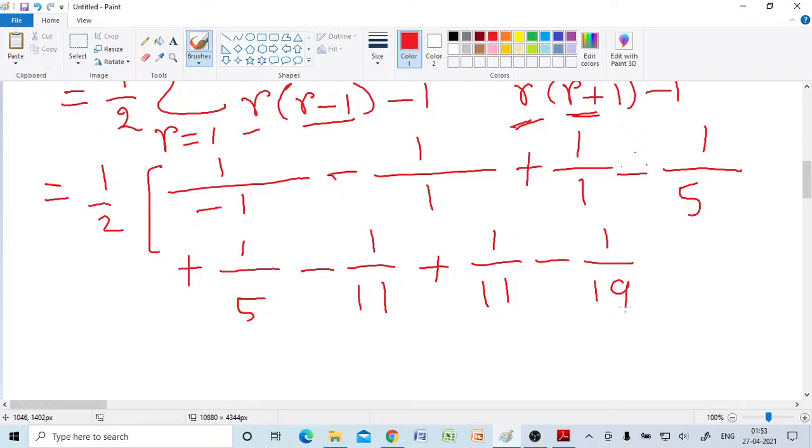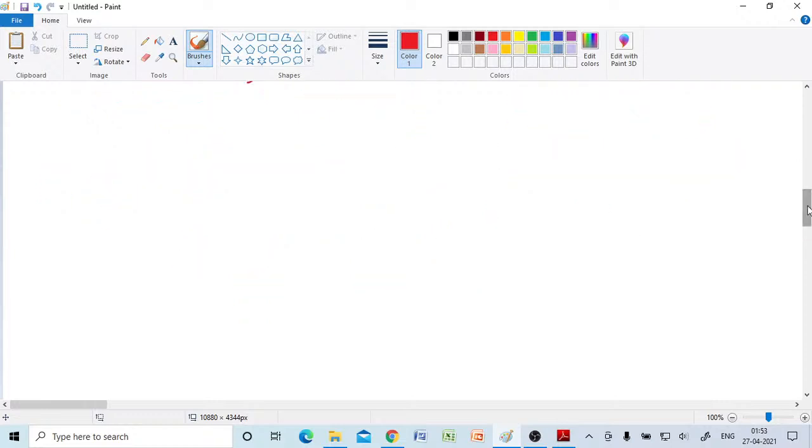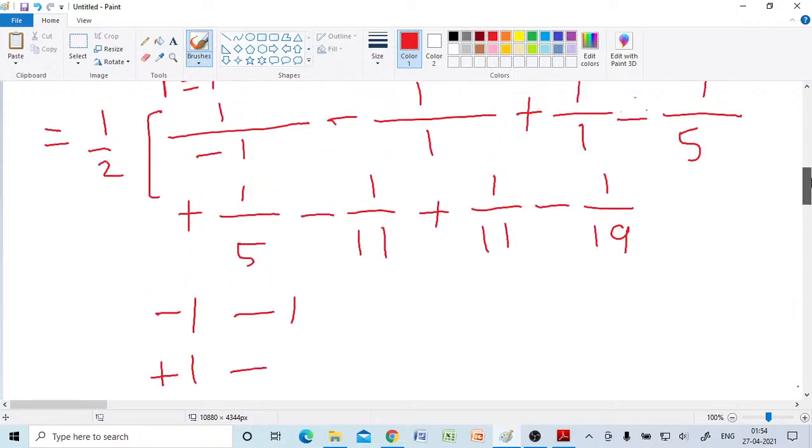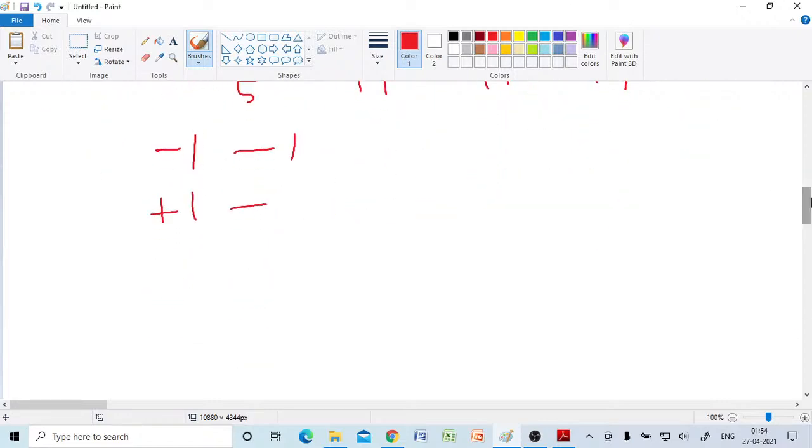So it's pretty easy to understand. We get some sequence. So let's just frame the sequence like this. We have minus 1, minus 1, plus 1, plus 1, minus 1 by 5, minus 1 by 5, plus 1 by 11, minus 1 by 11.